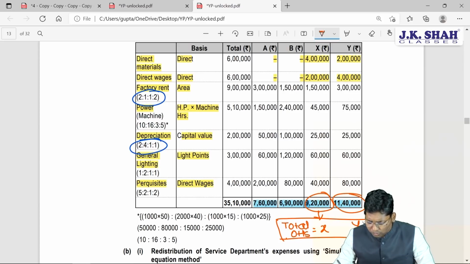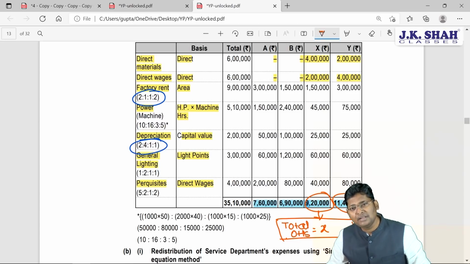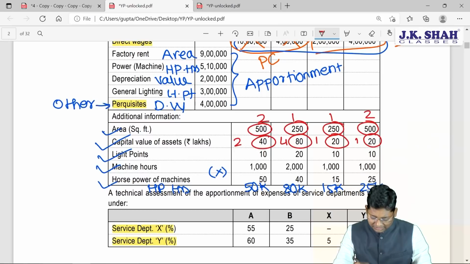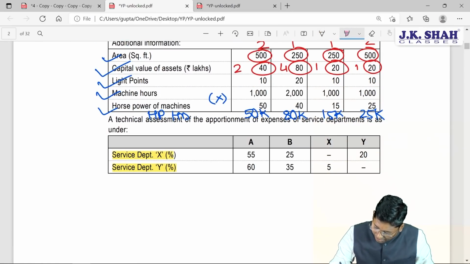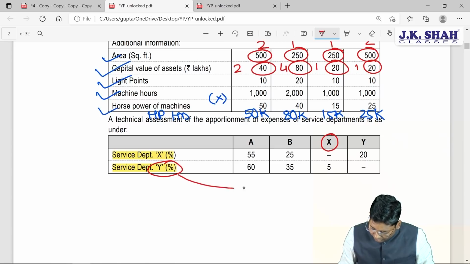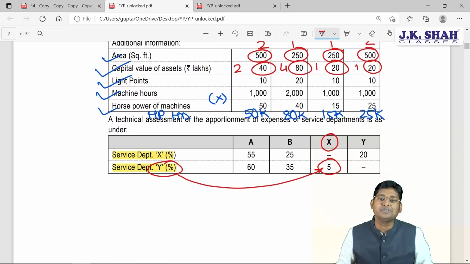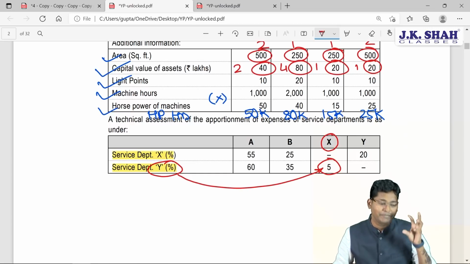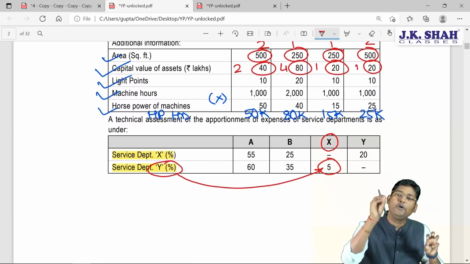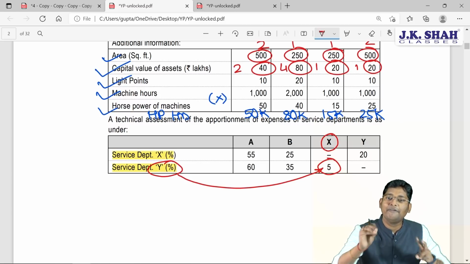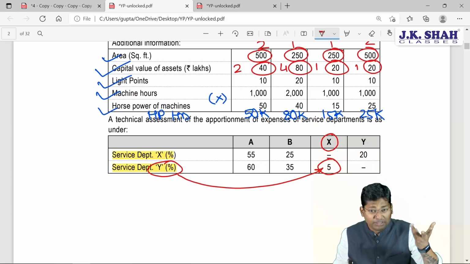Sir, who has told you this, that 9,20,000 plus additional expenditure, where is it given in the question? See here, if you check this table, then your department X is ready to take the burden of 5% expenses of department Y. Means Y department is going to put 5% of its overhead in the X column. So X will have 2 expenses. Sir, which 2 expenses?